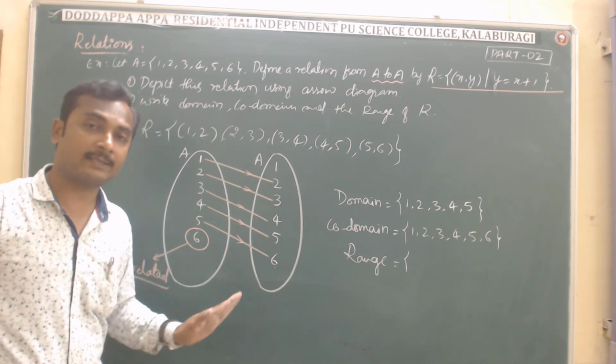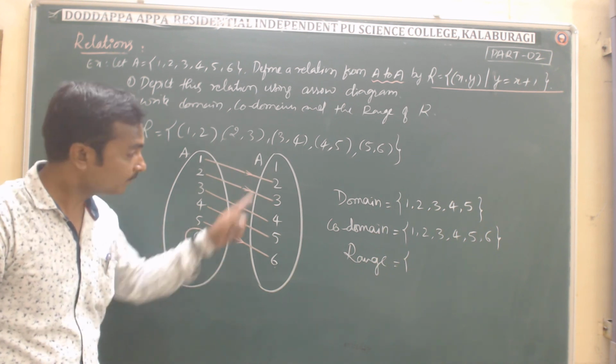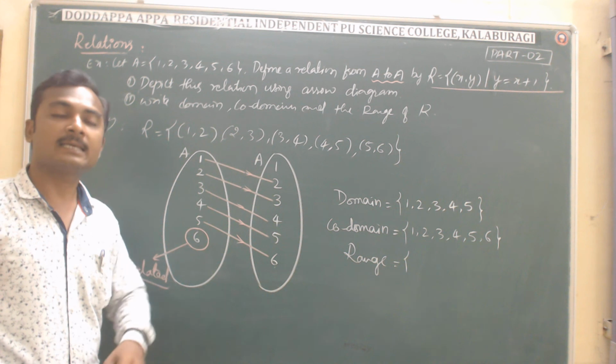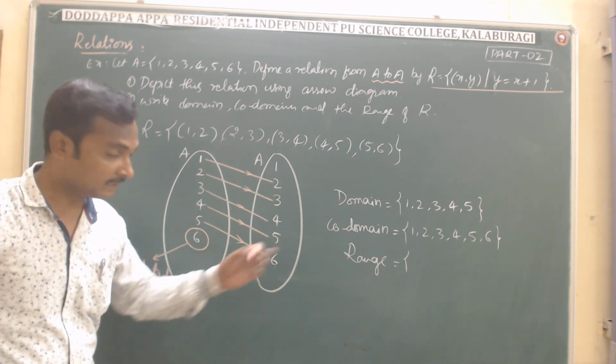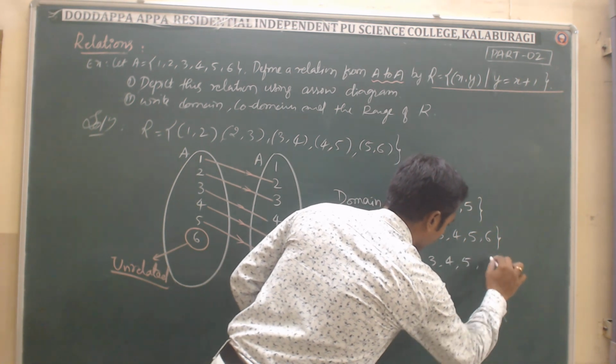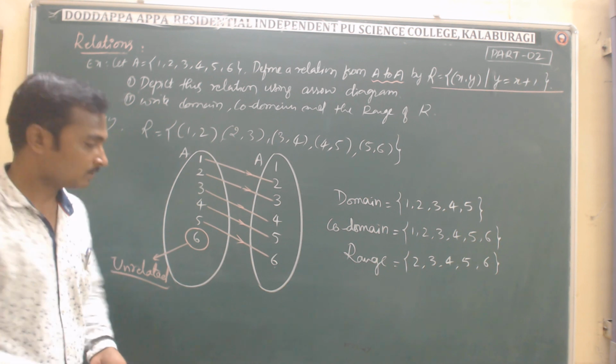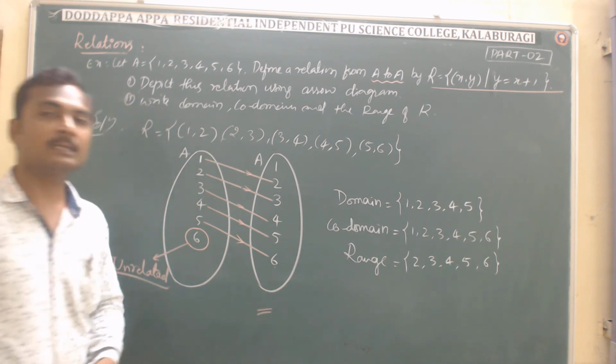There is no relation with any of the elements of the first set A. Therefore, 2, 3, 4, 5, 6 are the elements of the range. Okay, in the next class we will study the next concepts.